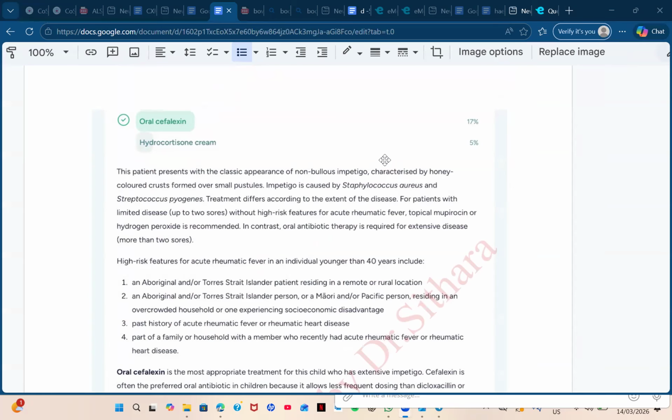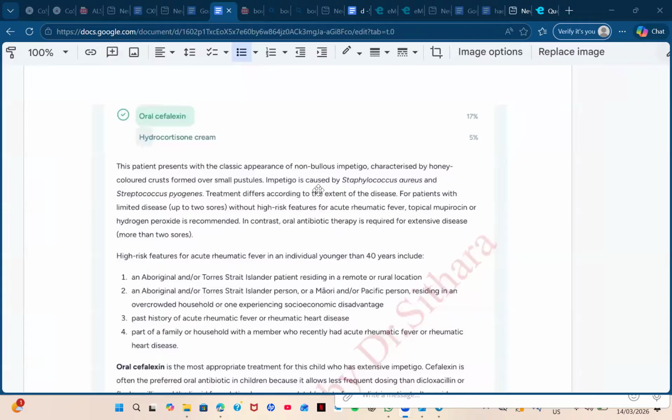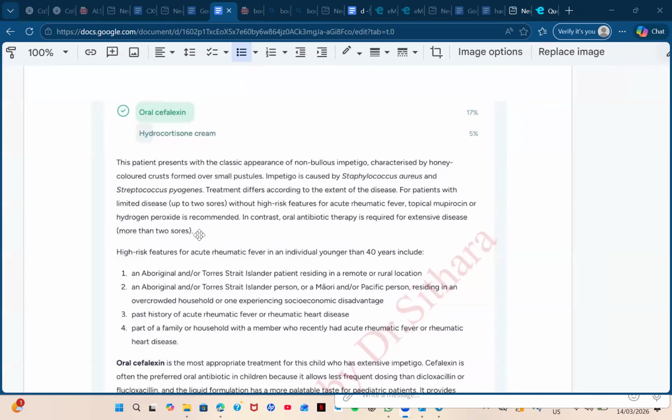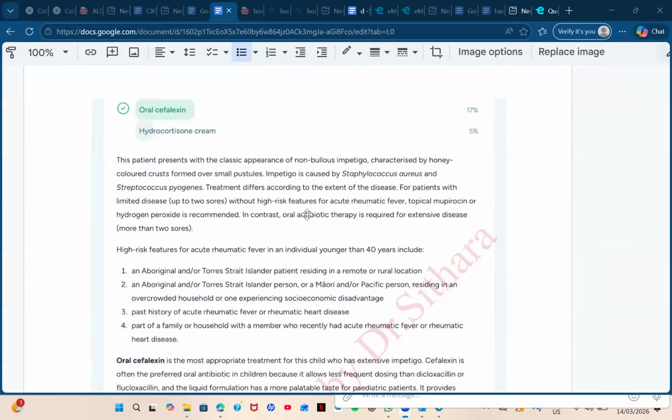Usually for non-bullous impetigo, we use topical treatment. Non-bullous impetigo is characterized by honey-colored crusts over small pustules. Impetigo is caused by Staphylococcus aureus and Streptococcus pyogenes. Treatment differs according to the extent of the disease.